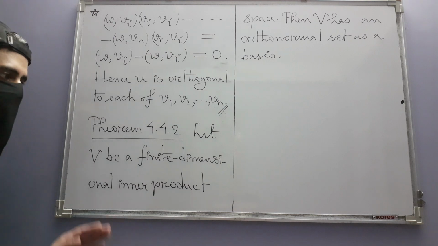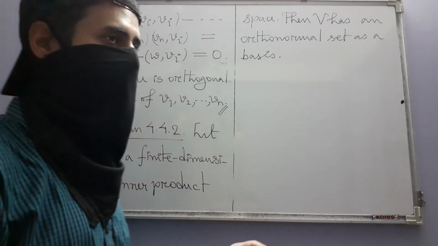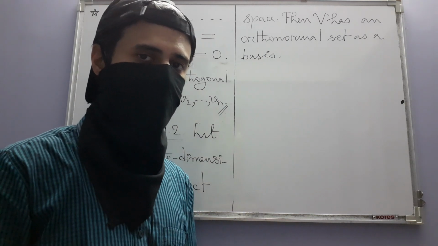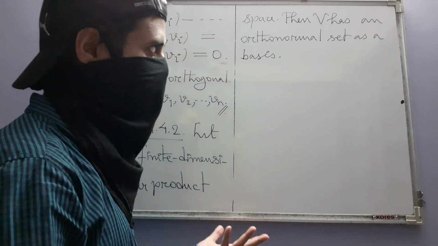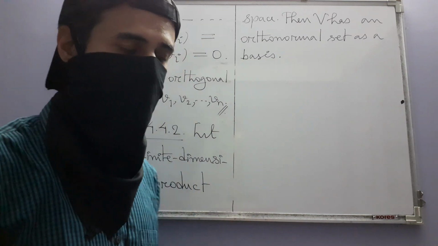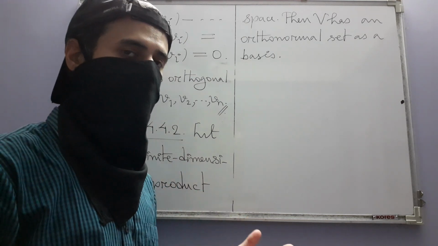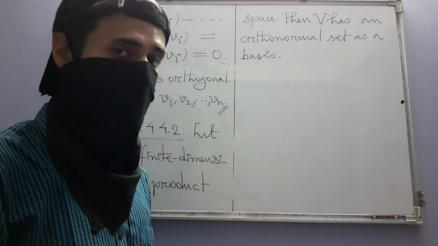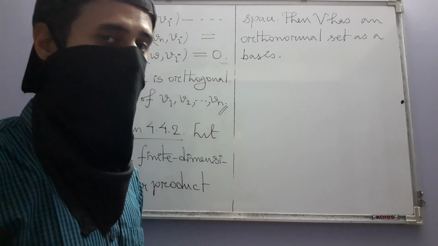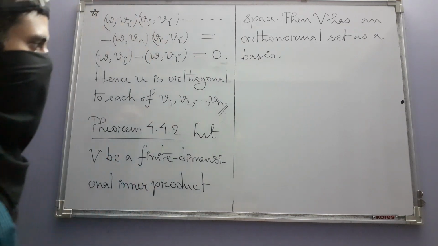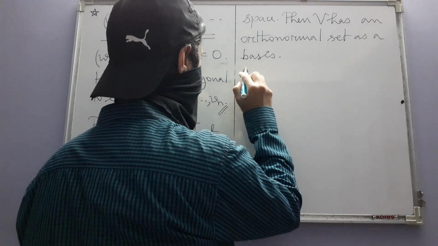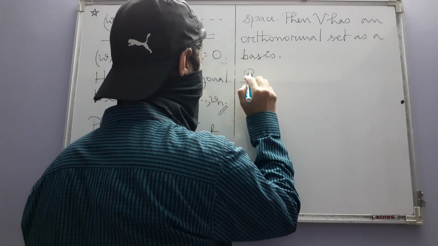Okay, so V is a finite dimensional inner product space. So because of the finite dimensionality, we already know that V has a finite basis. But the theorem claims that we can actually find a basis which is also an orthonormal set of vectors. And let's now see the proof.